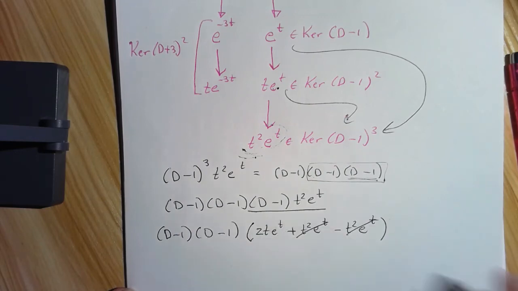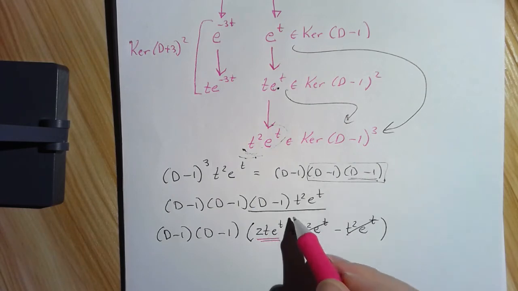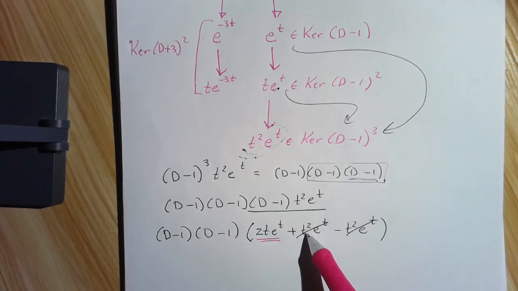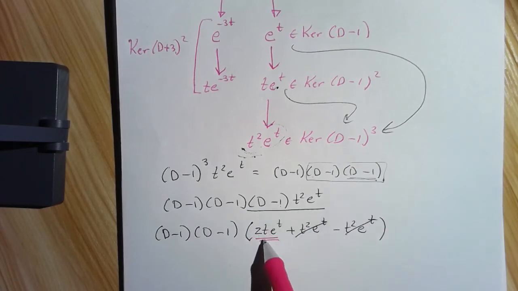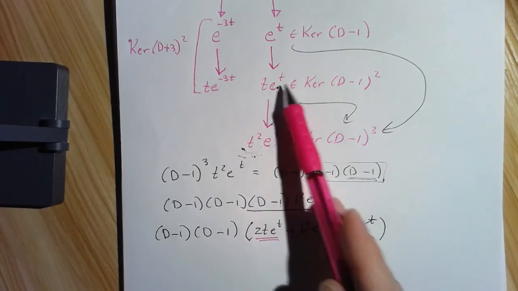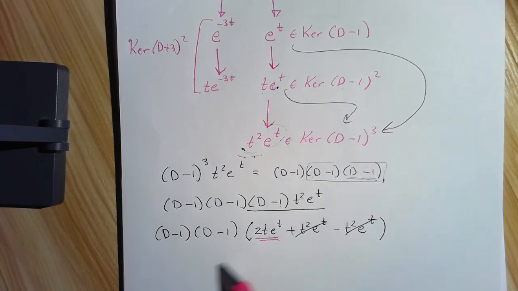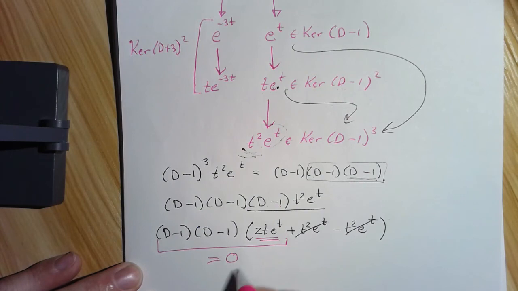And the thing to watch for is what happened here. The result of operating stripped a power. Right? So the first d minus 1 brings it down to a t times e to the t. Oh, hey, look. Multiples of t e to the t are in the kernel of d minus 1 squared. So this is going to work out. This is going to equal 0.